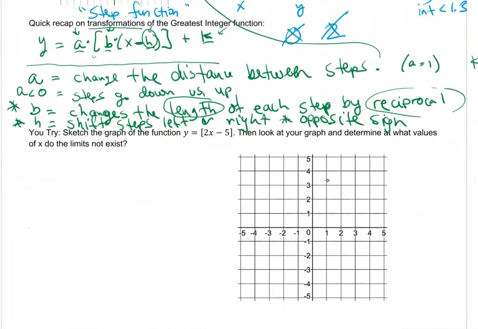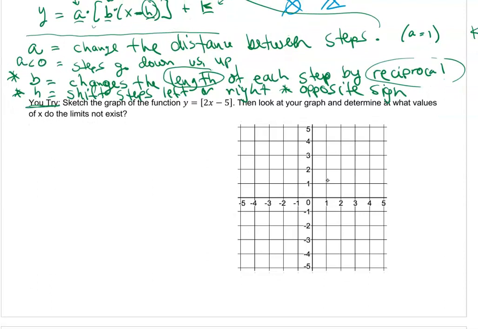And so I want you guys to try this one. Here's an equation, and it's a variation of a greatest integer function, and we know that because of the brackets. These tell us it's the greatest integer function. It's just a variation of the parent function. Notice the a value is still 1 because that's the number outside the bracket. But now I have a b value of 2 because that's the number being multiplied to the x inside the bracket.